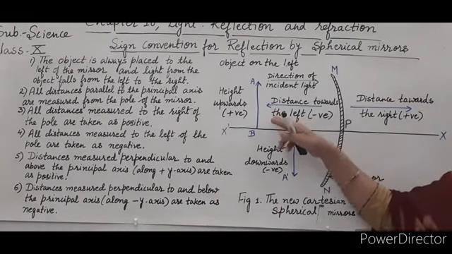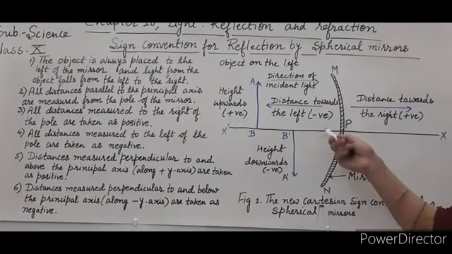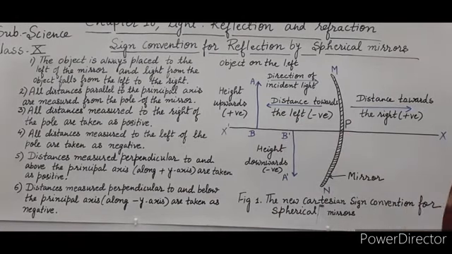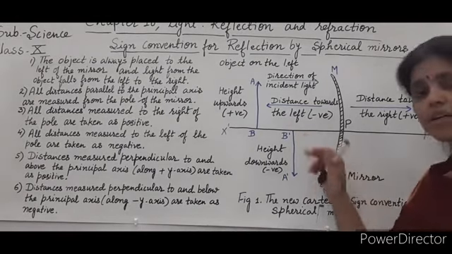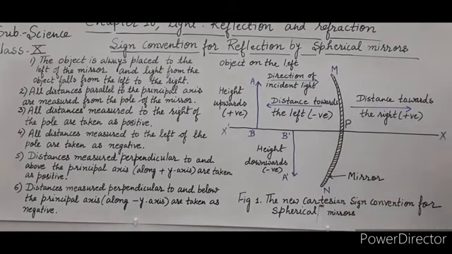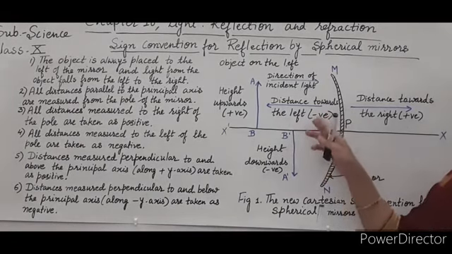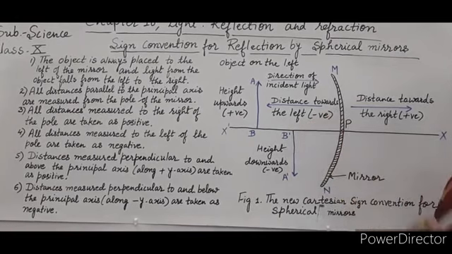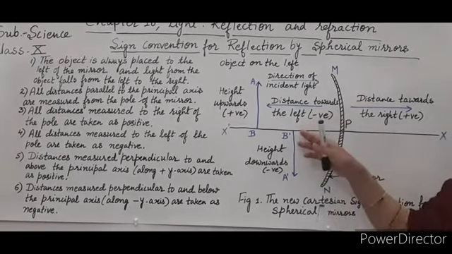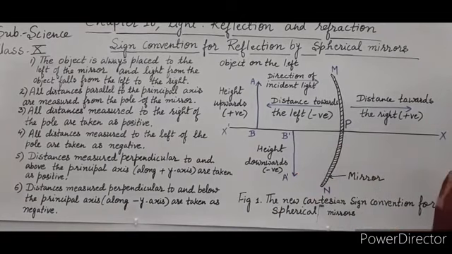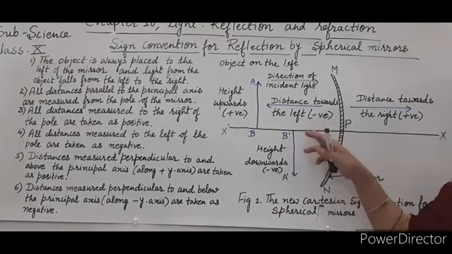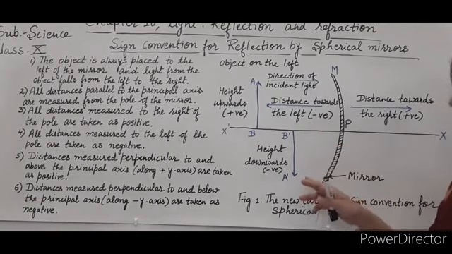So the virtual image, which is formed above the principal axis, is taken as positive, while the real image is inverted and is taken as negative because it is formed below the principal axis.